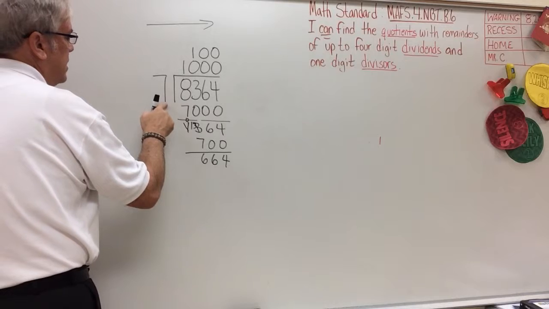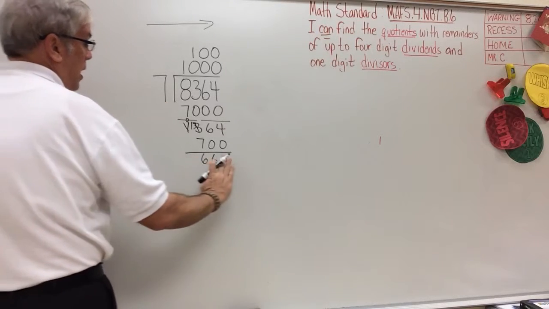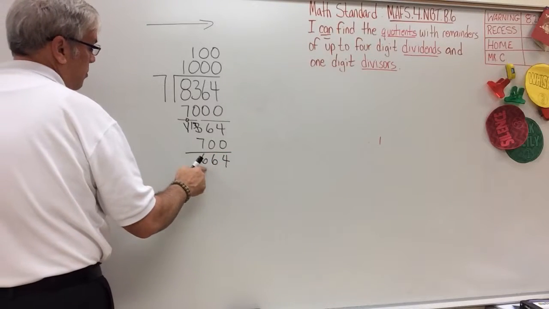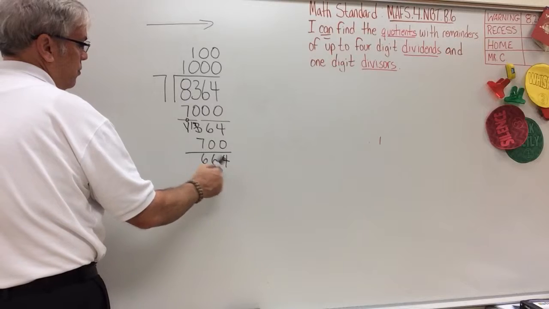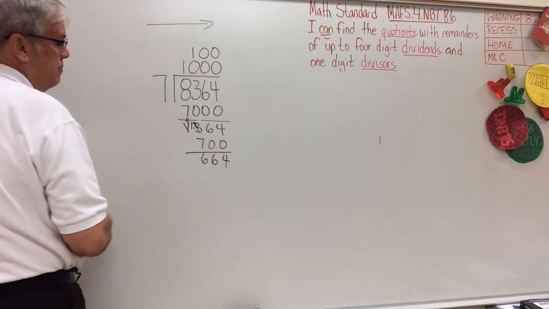Can 7 go into 6? No, it can't. However, 7 can go into 66. We have to remember, though, this is 664. So 7 goes into 660 how many times?